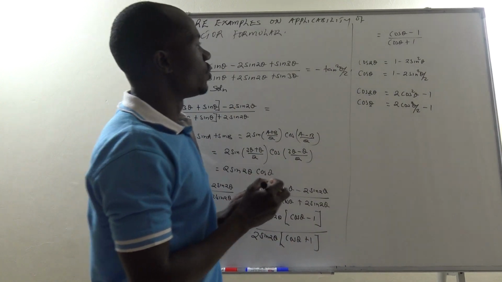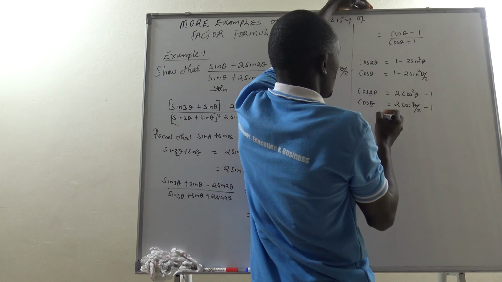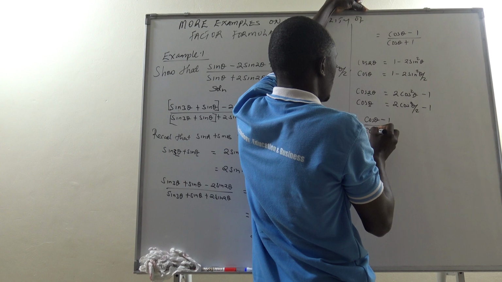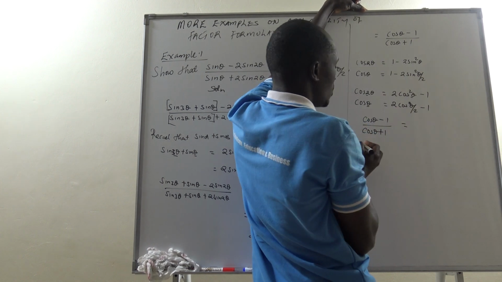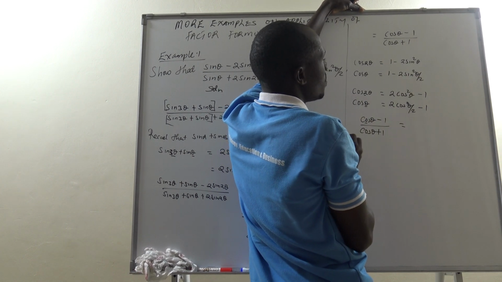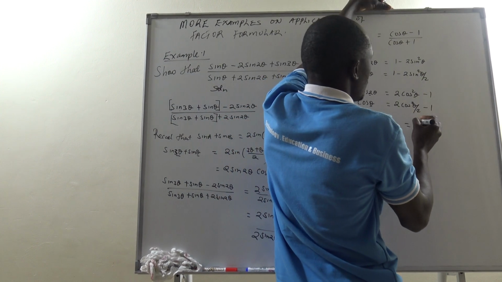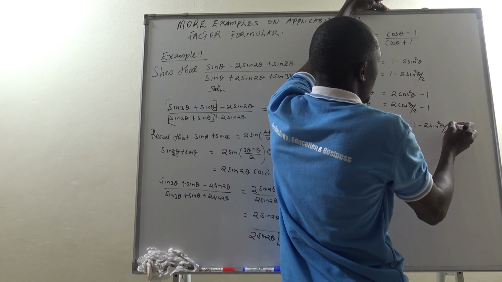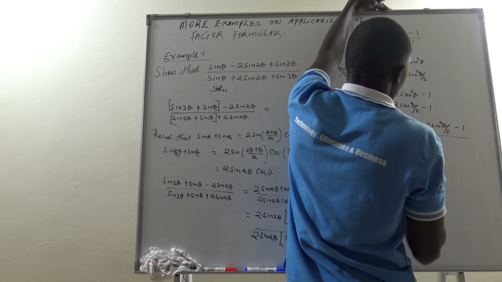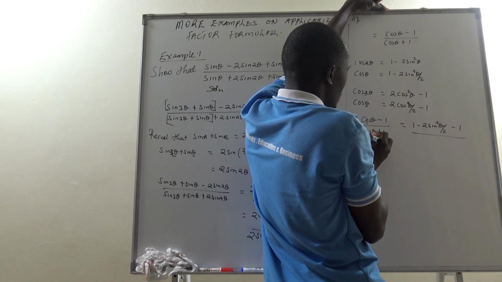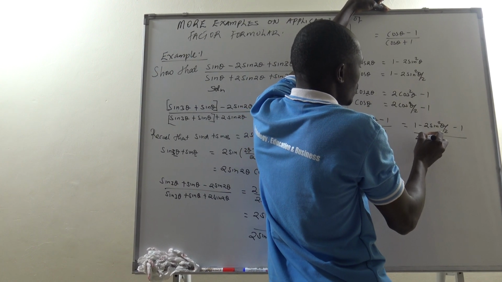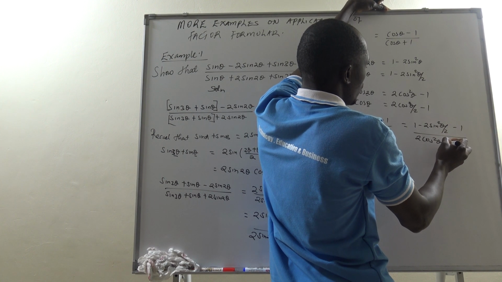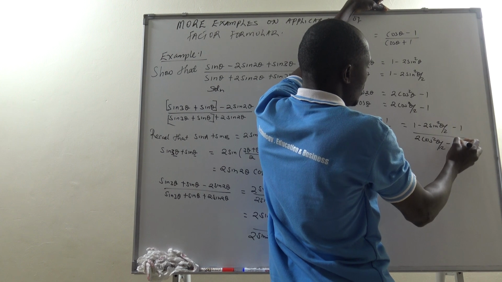Can we substitute these expressions here? Cos theta minus 1 over cos theta plus 1 is the same as: where I see the one in terms of sine, 1 minus 2 sin squared theta by 2 minus 1, all over, where I see cos, 2 cos squared theta by 2 minus 1, then again there is a plus 1.